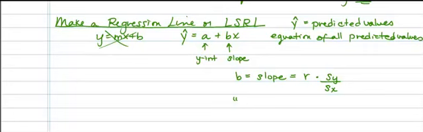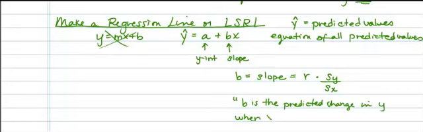You have to state something like: b is the predicted change in y when x increases by 1 unit. Basically the change in y over the change in x, but kind of putting it in another level.